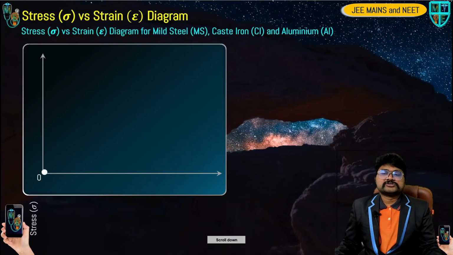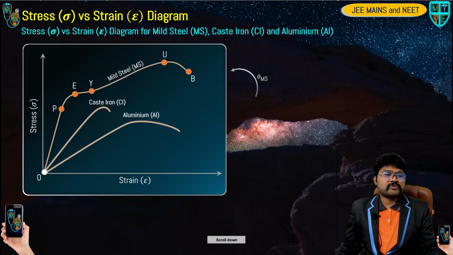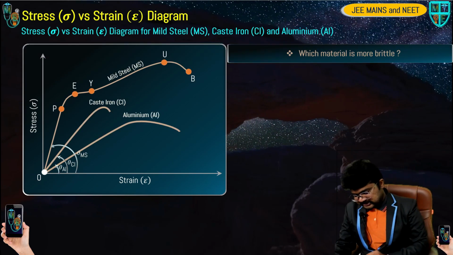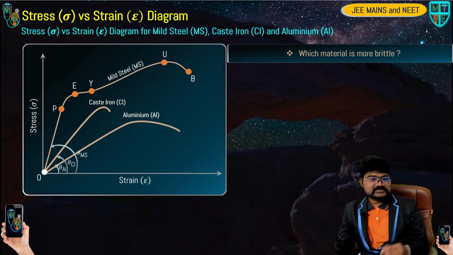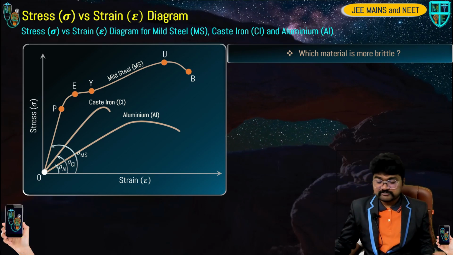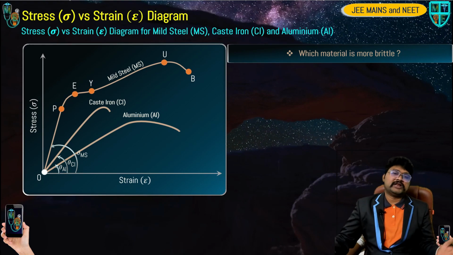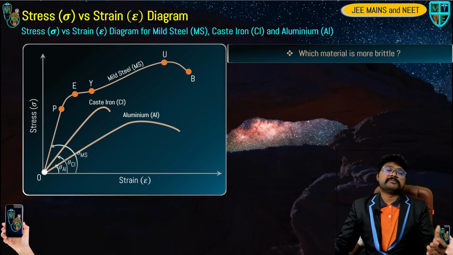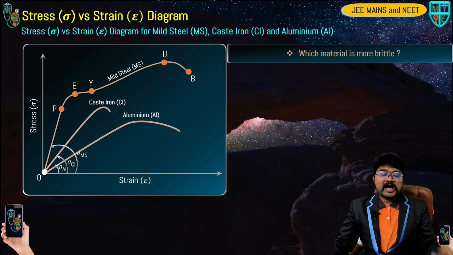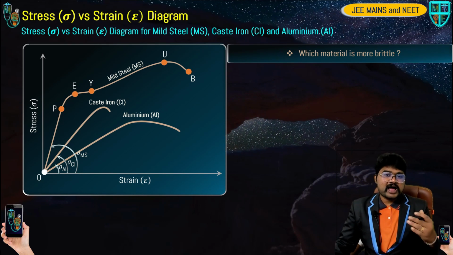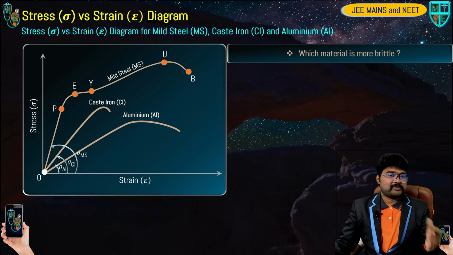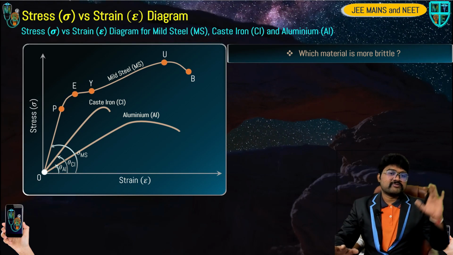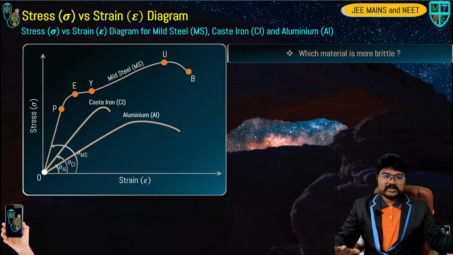Now we can say which one is more brittle. Brittleness is nothing but having lesser plastic deformation, and sudden failure will occur. Lesser the plastic deformation, higher will be the brittleness. Understood? Higher the plastic deformation, higher will be the ductile property of a material.